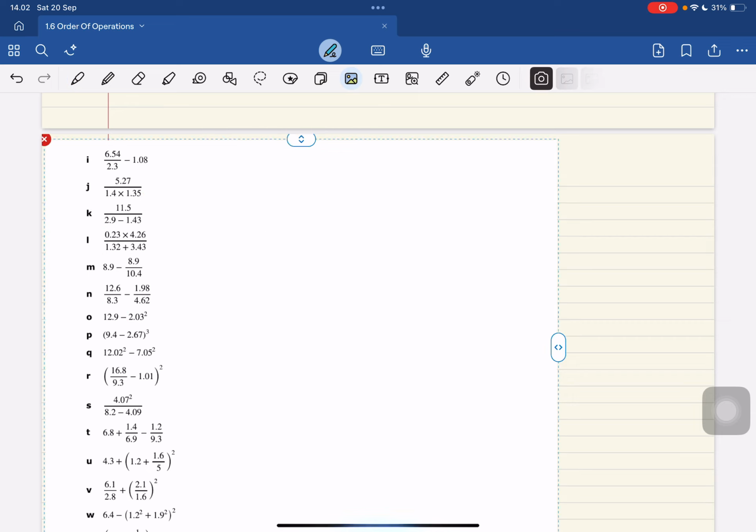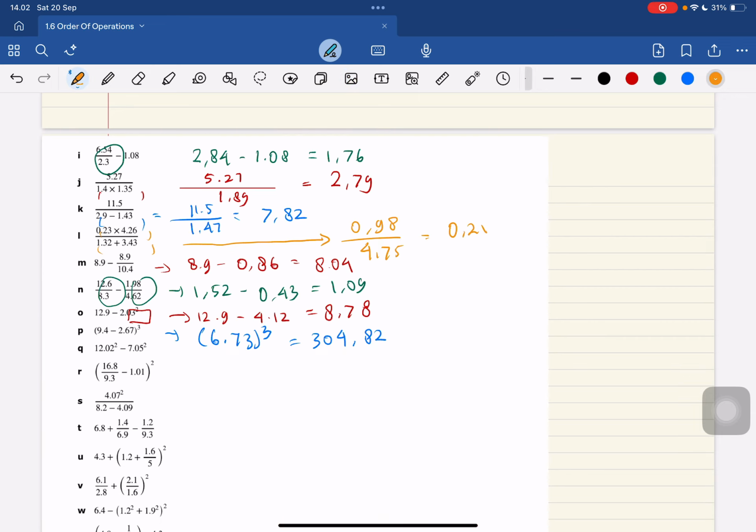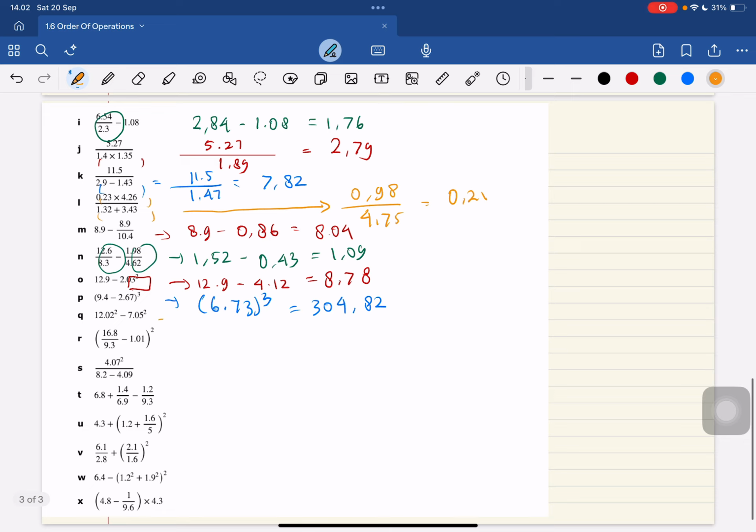Okay, next we got indices. So let's proceed. Indices, square. So let's make it 12.02 squared. This is going to be 144.48.